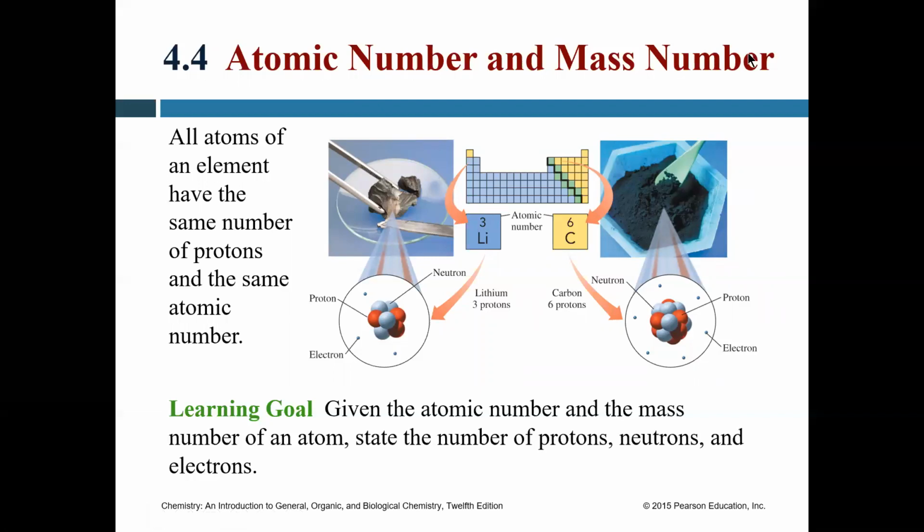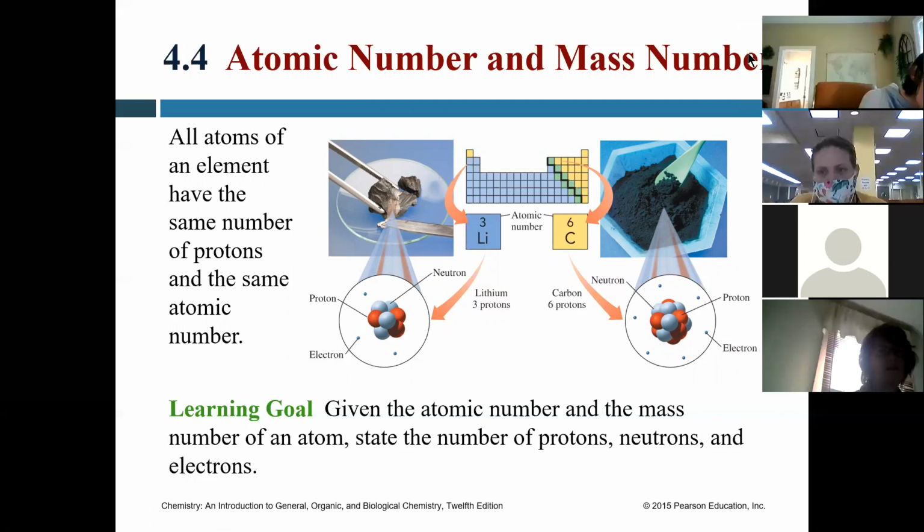Lithium 3, so on and so on. If we jump a little bit farther down, iodine has an atomic number of 53. The atomic number is the same for each of the atoms of that element, and it tells us how many protons we have. Okay, so atomic number equals protons.